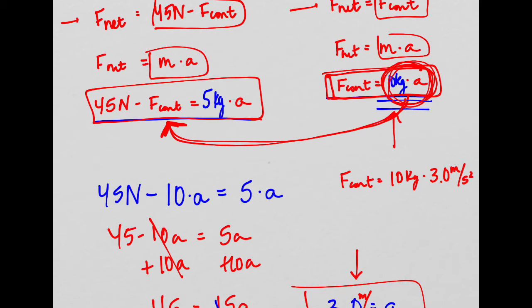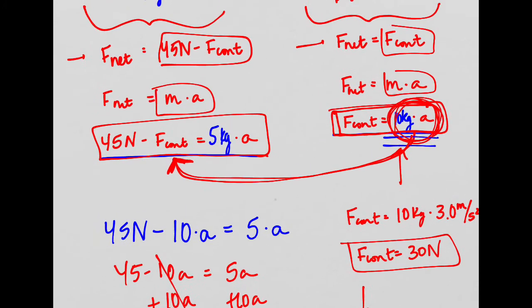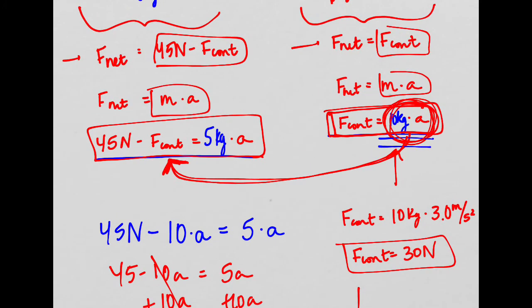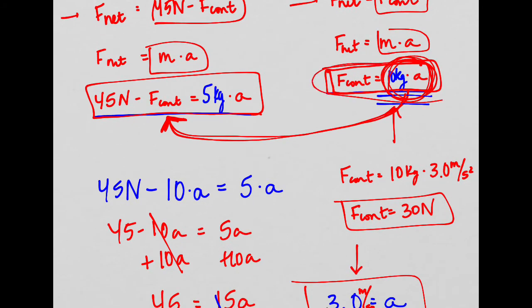If I multiply 10 times 3, I get an F contact equal to 30 newtons. So that last part is super simple. You could have plugged it into this other equation, but that's way messier to deal with, so I just plug it into our F contact equation that we wrote initially.